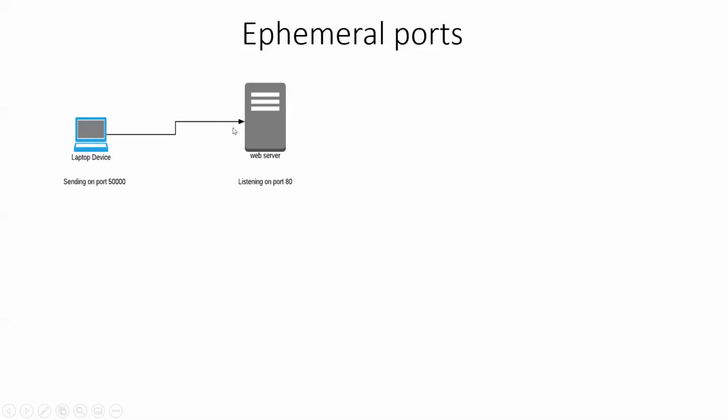Request coming in will come on port 80 only, but the response will be returned to whatever port the client is expecting. So that's why you have to have those ports open on your outbound rule. Otherwise, your web server will not work. You will get the packet, but the response will never go to the client. So that's why it's both inbound and outbound.